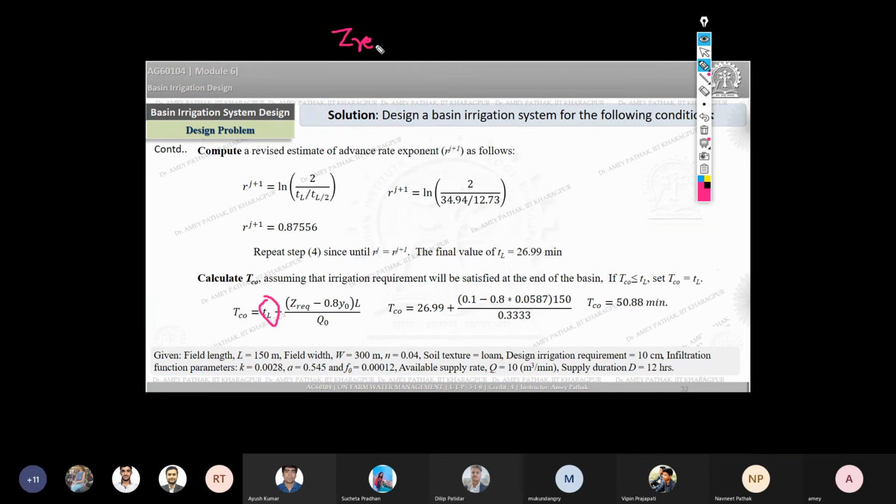Z requirement into L minus sigma Y into Y naught into L, divided by Q naught. This expression is similar to volume by discharge, so this will give you the tau requirement.